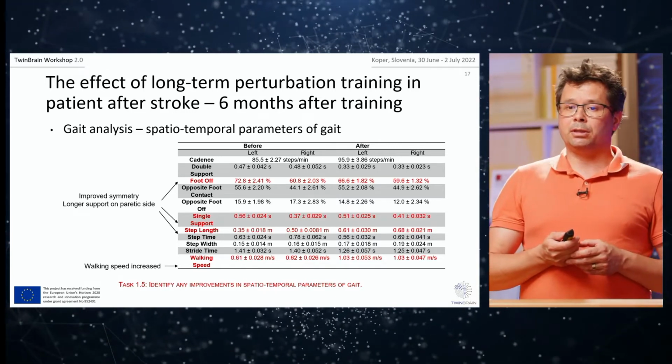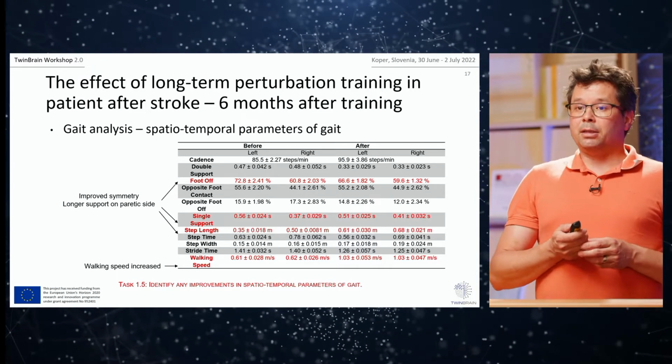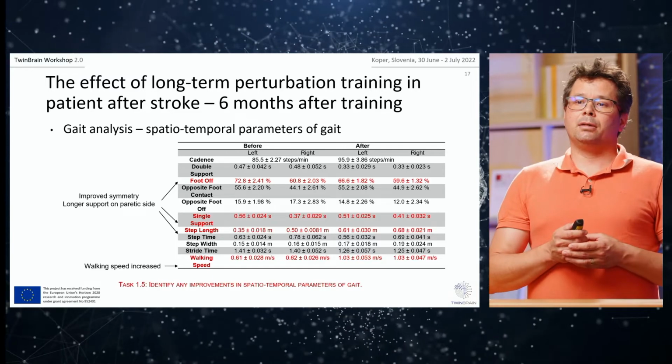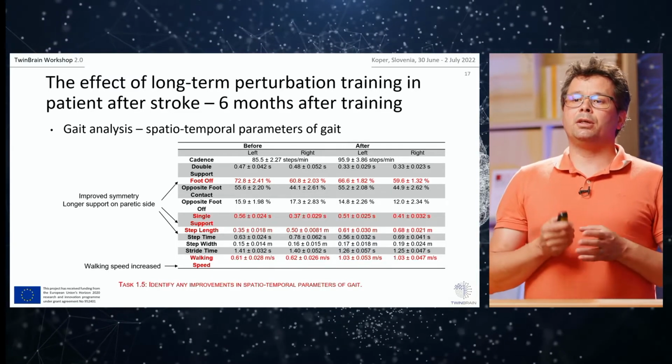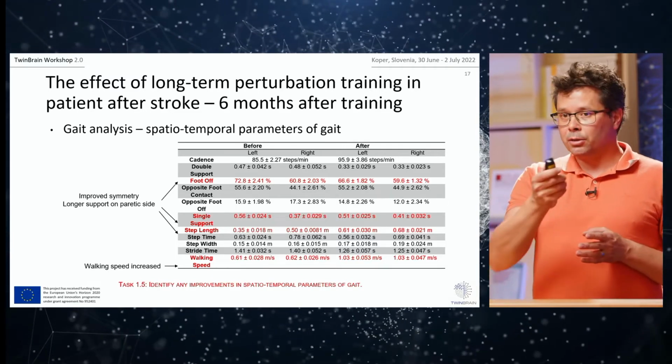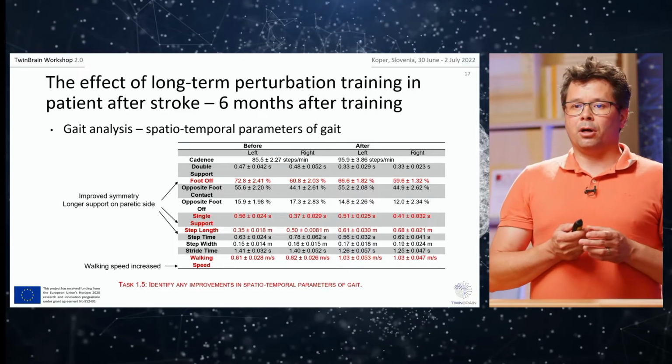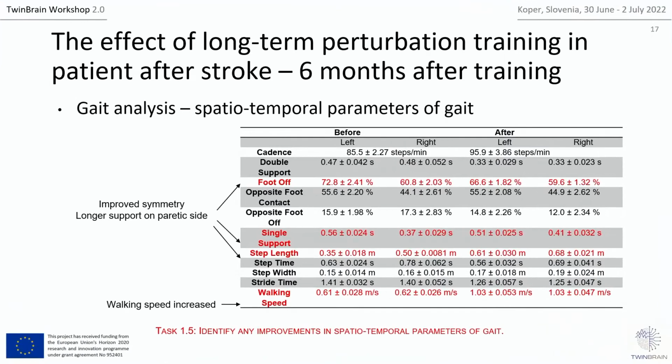Also what we notice is that the differences between the left and the right after the training decreased in those parameters that are marked in red. So the foot off parameter decreased, which indicates the duration of the stance phase, and also the other data decreased as well.